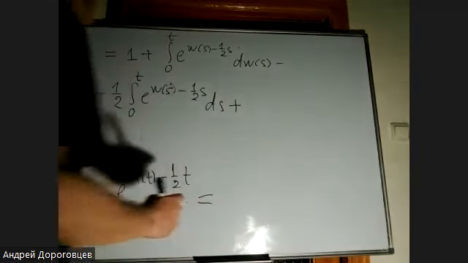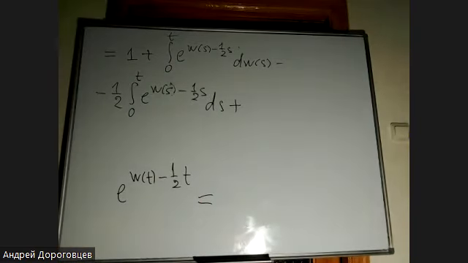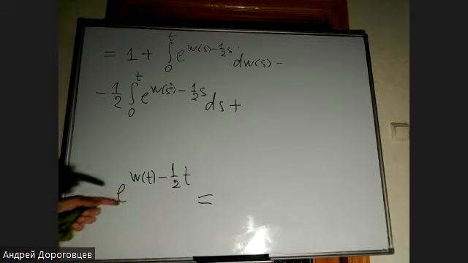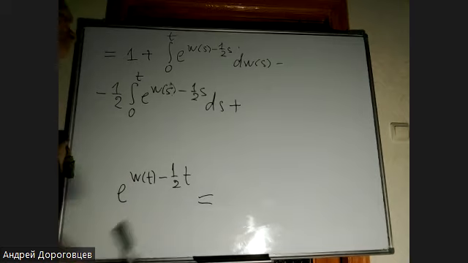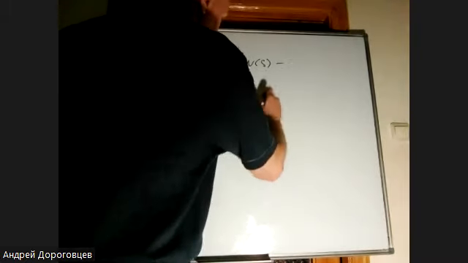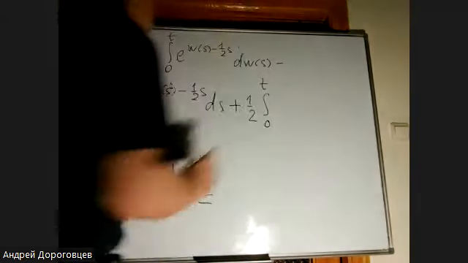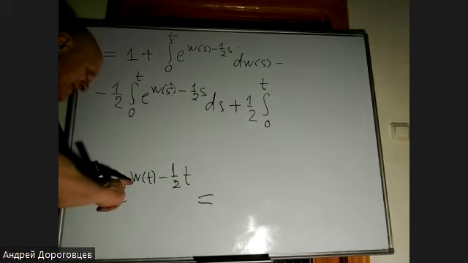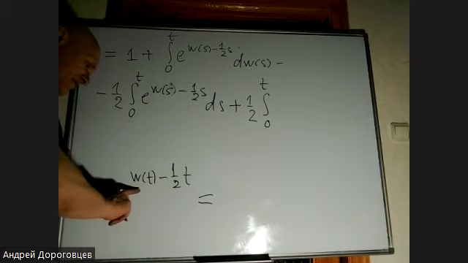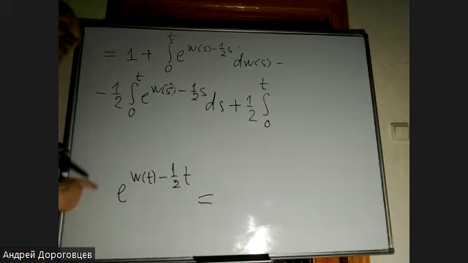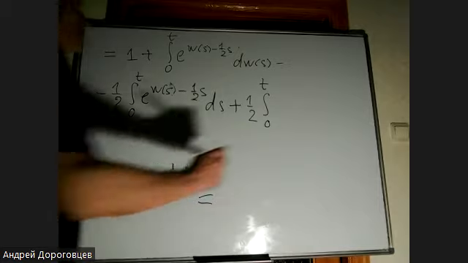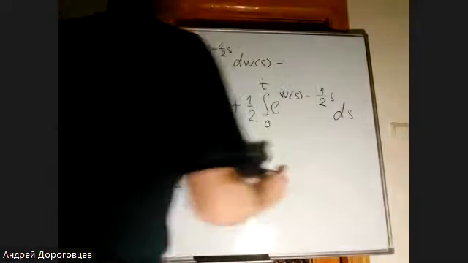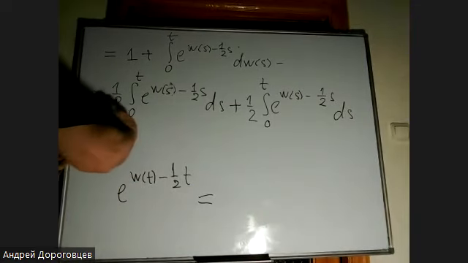Plus, you remember that in the case of the Ito formula, due to the properties of the Wiener process W, we must have an additional term compared to the usual Newton-Leibniz formula: plus 1/2 of the integral from 0 to t of the second derivative of this function with respect to w, and this second derivative is equal to the same function. So we have again e to the W_s minus 1/2 of s, ds.